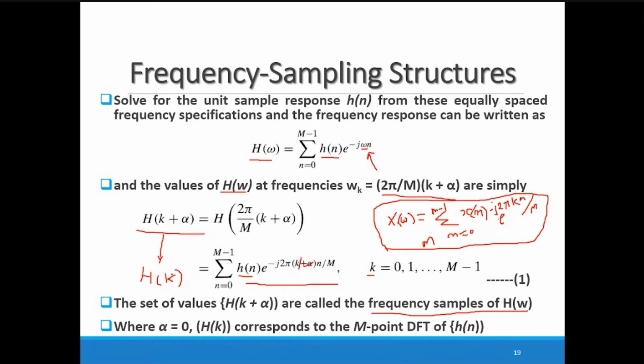The impulse response is given as the input and you are getting the frequency response, that is H(k).